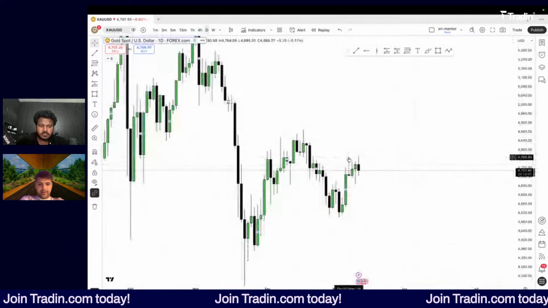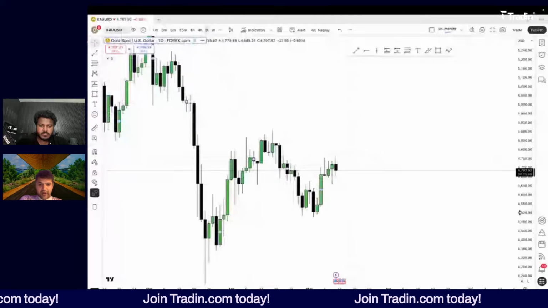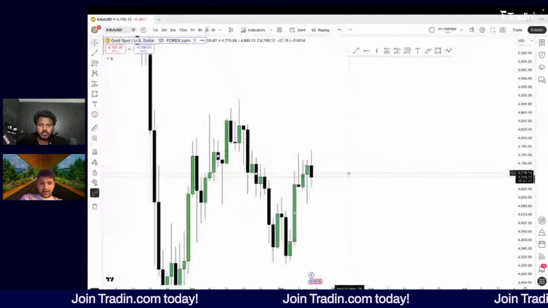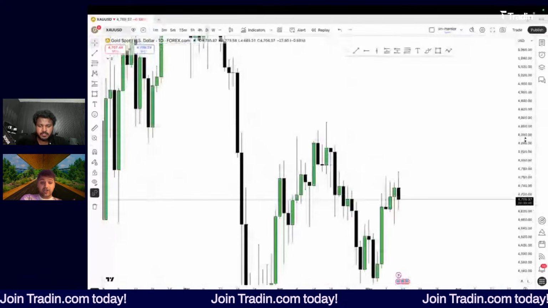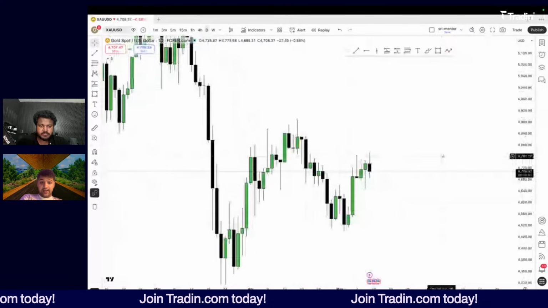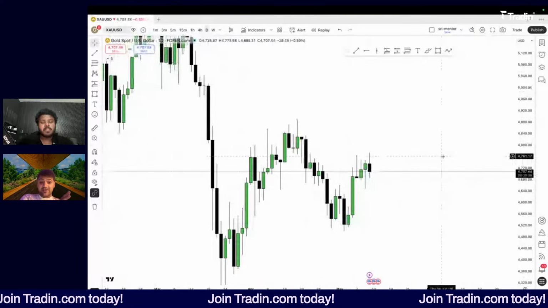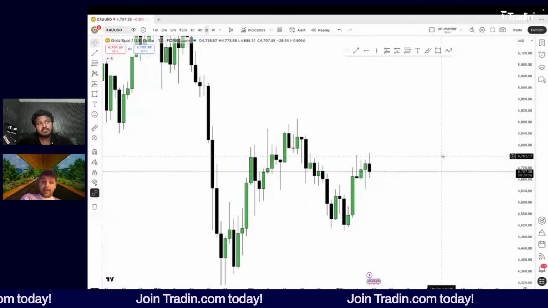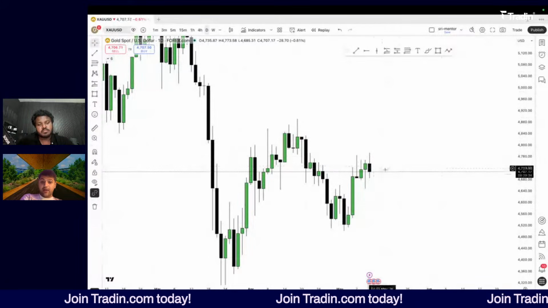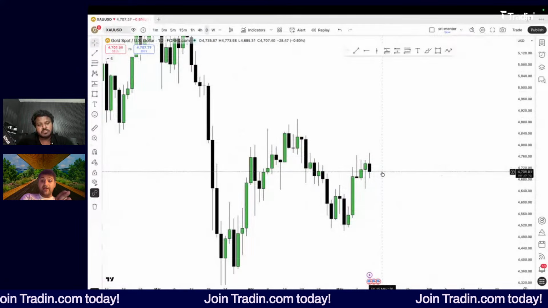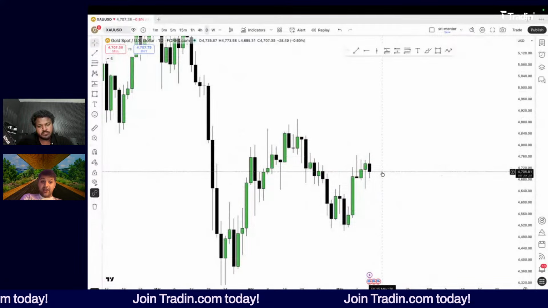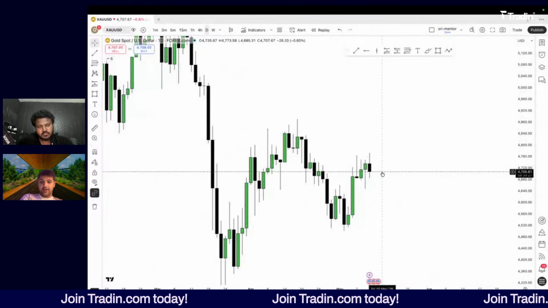You have a whole day of price action rejecting 4750. Then the next daily candle not able to break above 4750. Then a third day also not able to break above. Now you are trading a fourth day which again rejected 4750.